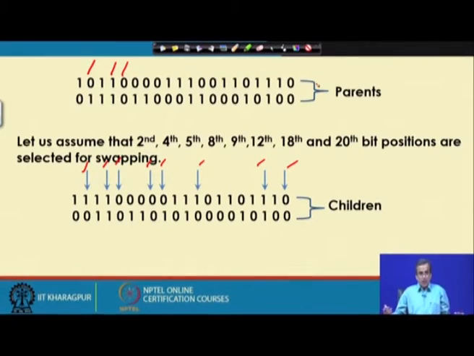Now, how to implement? The method which I have already discussed is one of the possible methods. If you see the literature, there is another method with the help of which this uniform crossover can be implemented very easily. The method is as follows. Supposing that I have got 20 bits and I have to implement the uniform crossover. What we do is we take the help of a template.